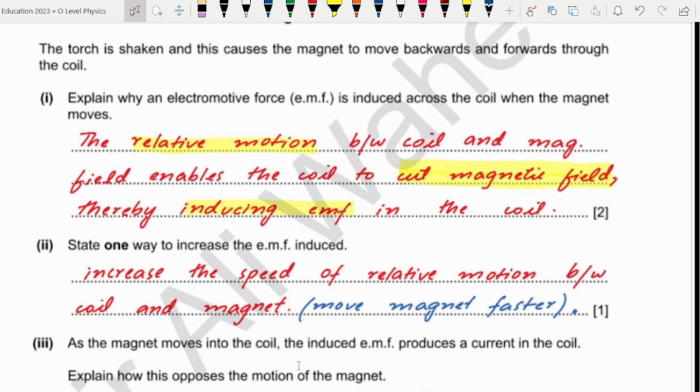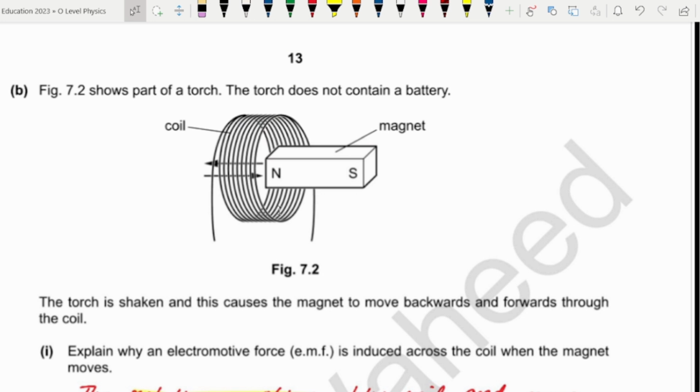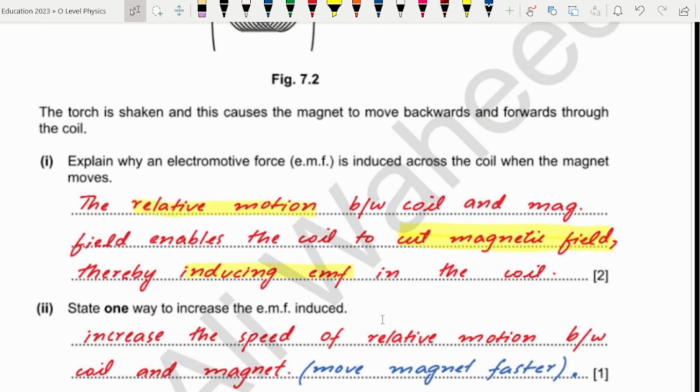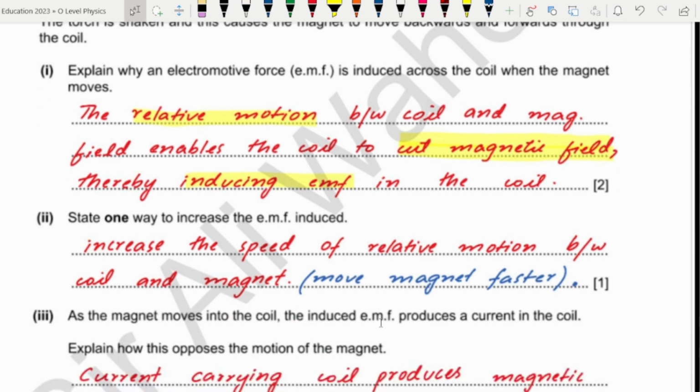If you move the coil faster, if you increase the speed of relative motion between the coil and the magnet, or move the magnet faster, or if you increase the number of turns on the coil, or if you use a stronger magnet. So there are at least 2 to 3 ways in which you can increase the induced EMF in the coil.